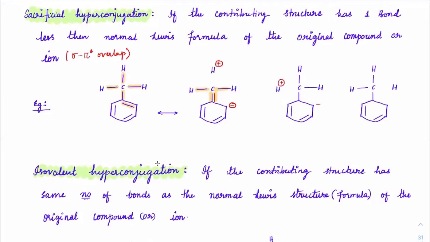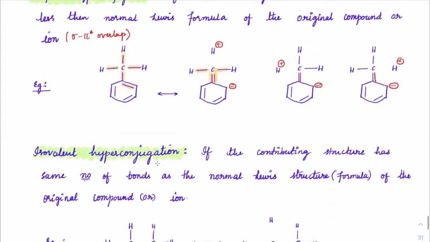The double bond must have moved, and one double bond will be formed here. This will be a positive charge, double bond, and minus must have formed here. This type of hyperconjugation is called sacrificial hyperconjugation, where one bond is less than that of the normal Lewis structure. Got it? You can write it in a bit.